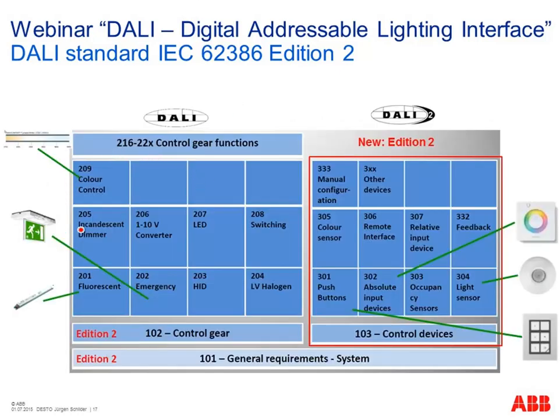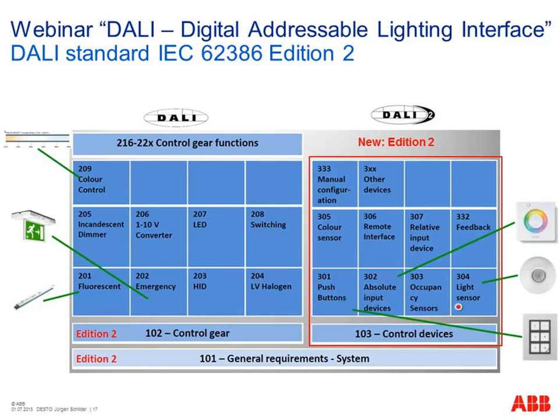So on the left side, this is not new. The general requirements for the system and the ballast were revised, or will be revised, to edition 2. And this is completely new on the right side here. So further devices, maybe not yet existing but existing in the future, are described here.